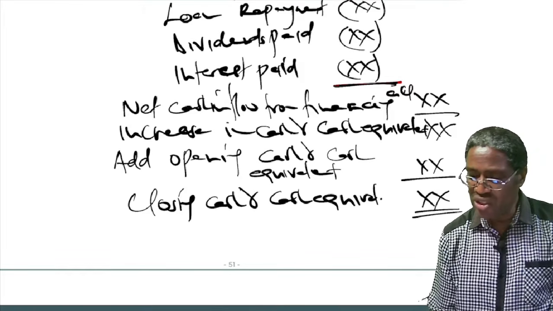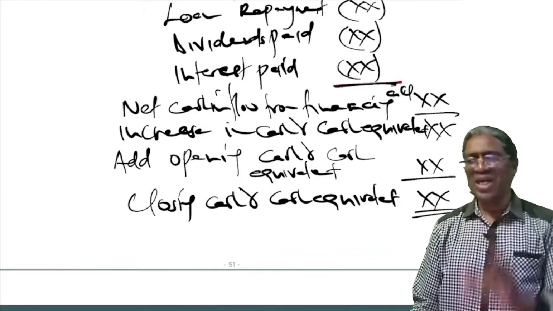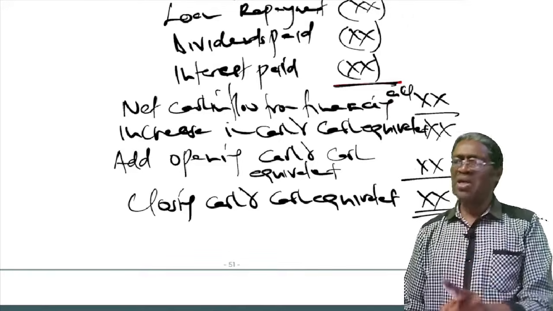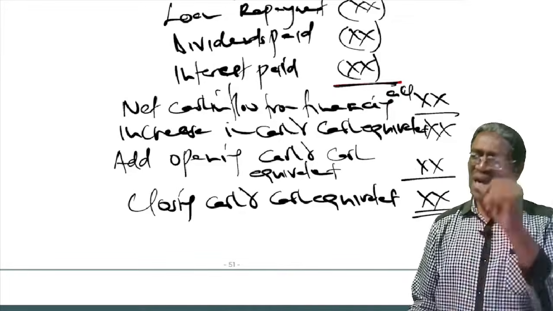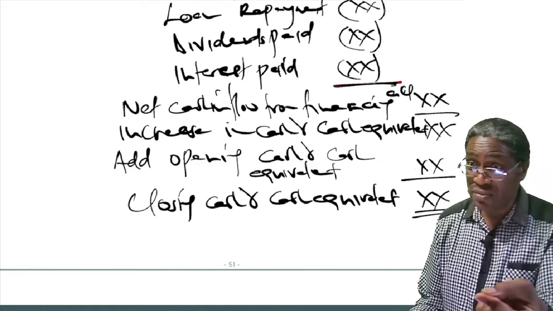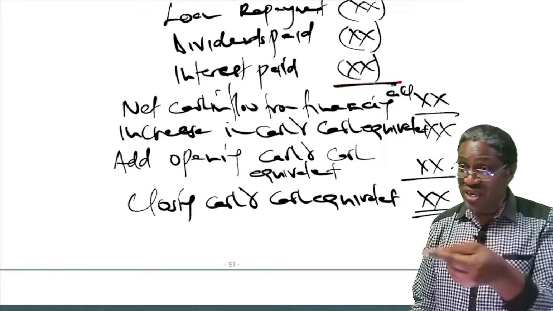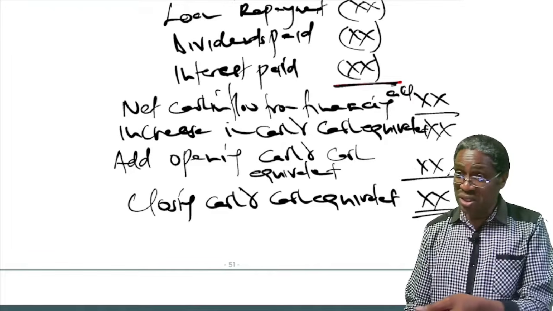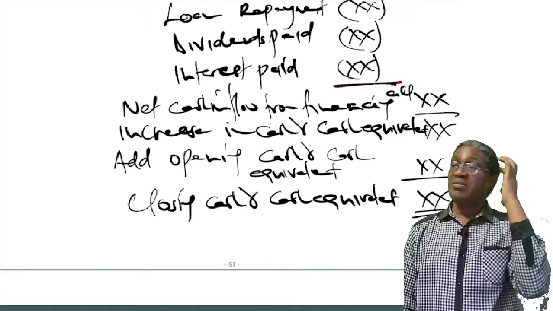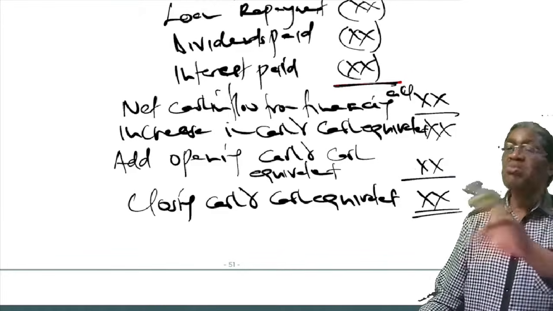Whatever is the closing cash and cash equivalent must be the same as the amount you're given in the balance sheet, because the two must reconcile.